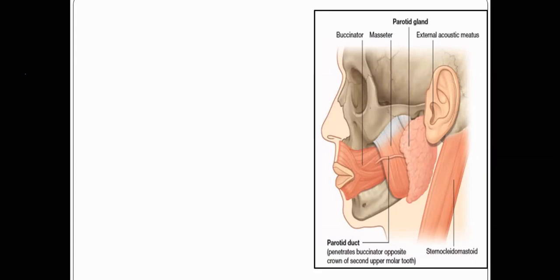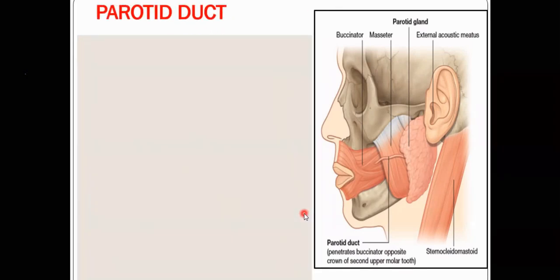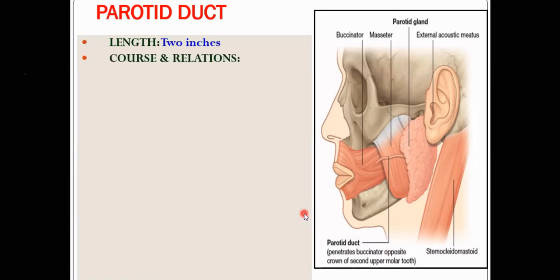Here you can see the buccinator muscle pierced by this parotid duct, and where it penetrates the buccinator, it opens opposite the upper second molar tooth. The upper second molar tooth is the area where it is draining.